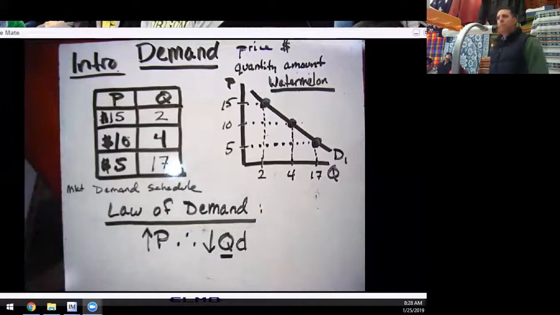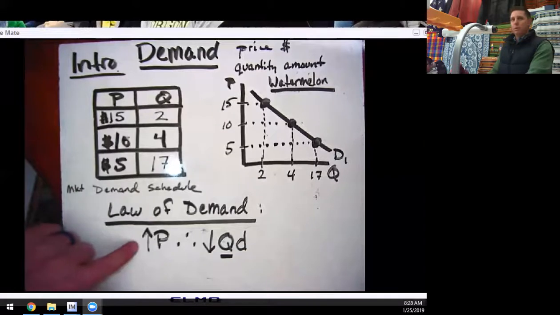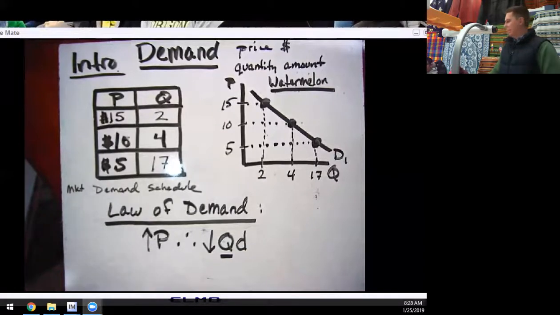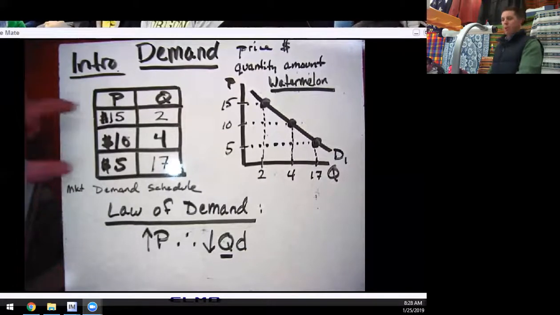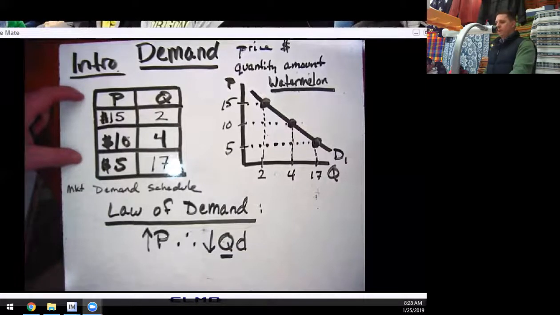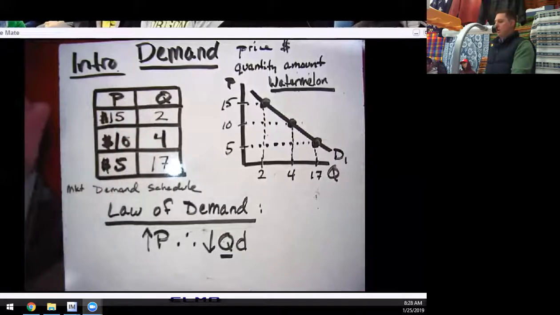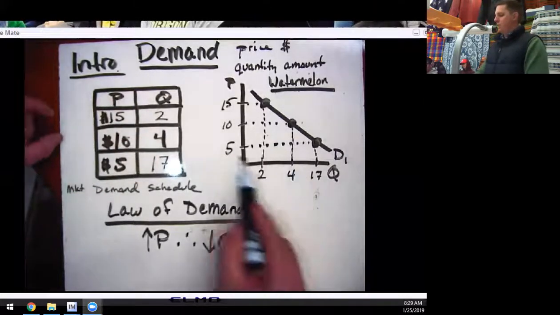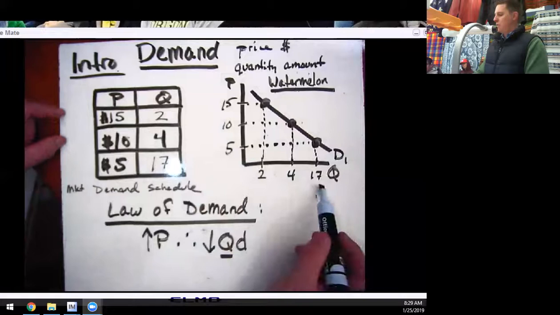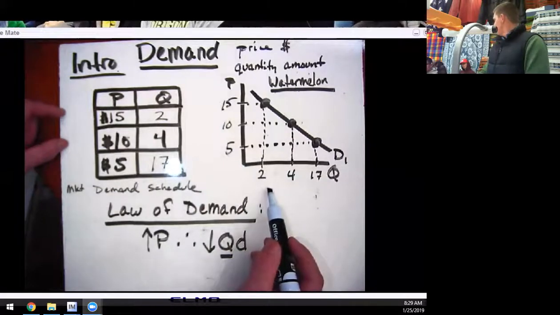Underline the Q there. If price goes up, quantity demanded will decrease. Have we shown that over here? As price increases, quantity demanded is decreasing. Same thing over here on the graph. As price increases, quantity demanded is decreasing.